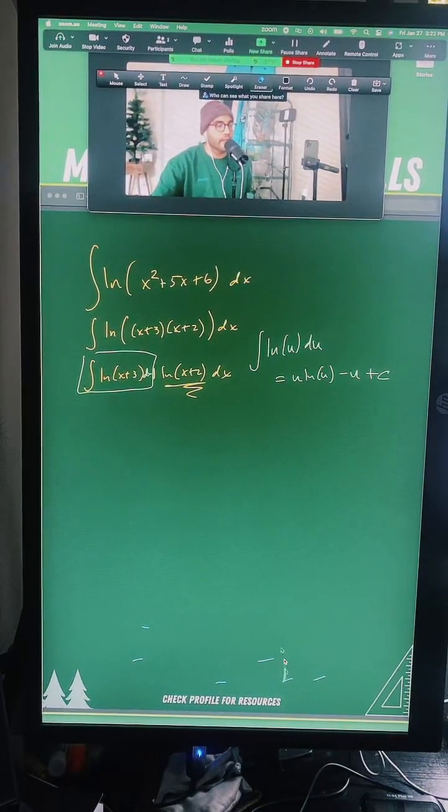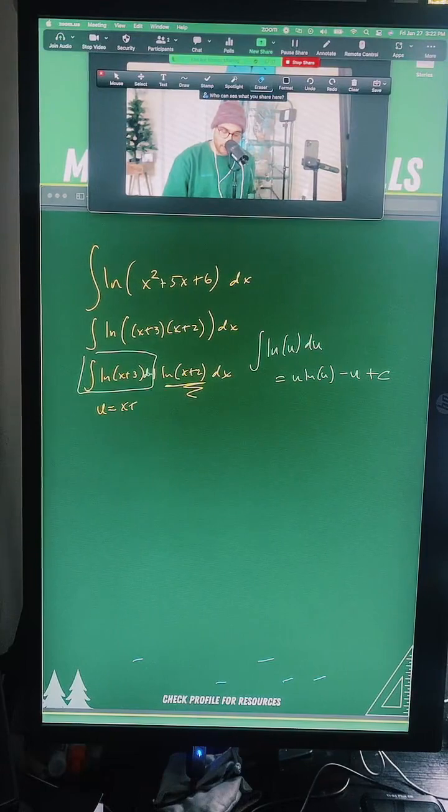Okay, so we'll just leave it like that. Okay, so for that first integral, I think we had changed it back. Our u is technically x plus 3. So then this is going to become x plus 3 natural log of x plus 3 minus x plus 3. That's that first one. And now we're going to add the second integral.